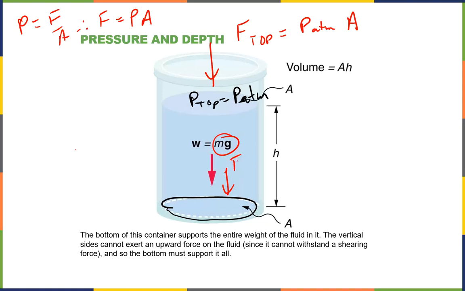So the force on the bottom is equal to the force on the top plus mg. Right? Bigger force because I had the force pushing down on the top and the weight of the object. And that's pushing on the bottom, so the pressure on the bottom is equal to the force on the bottom divided by area.